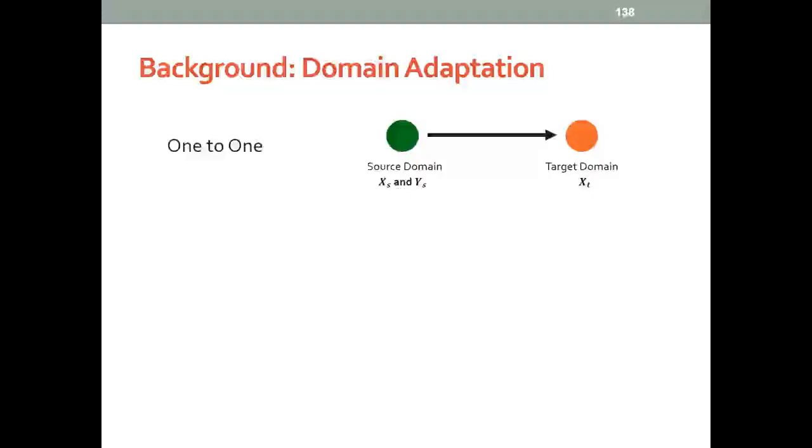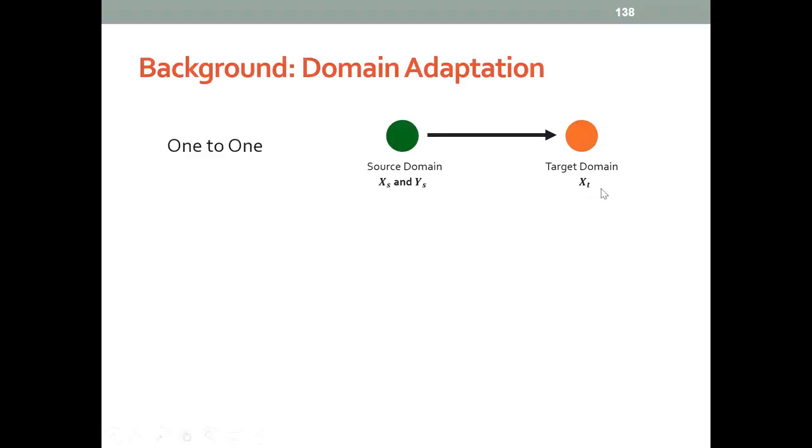To give you some background, usually domain adaptation refers to the problem of transferring a model from a source domain to a target domain. And typically, we will assume that we have access to the data XS and label YS in the source domain, and the unlabeled data XT in the target domain.